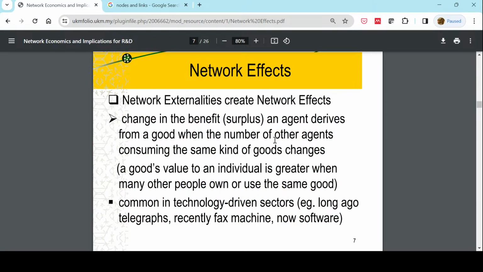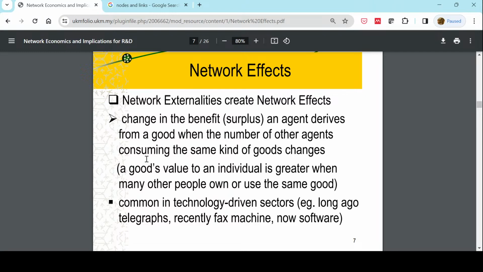So when we talk about network economics, which has to do with network externalities, we want to go into what we call network effects. Network externalities create network effects, which is a change in the benefit.